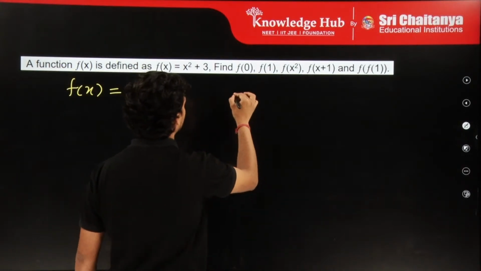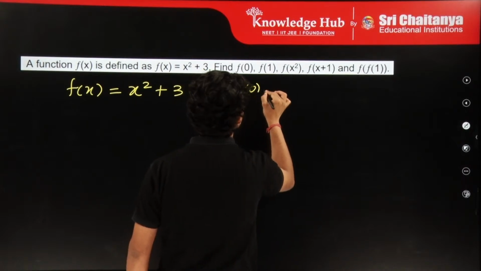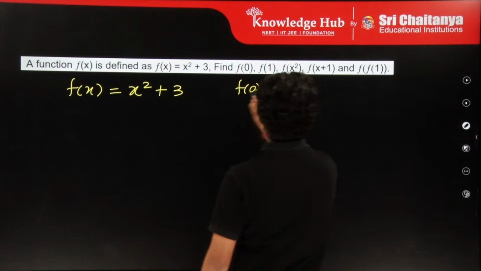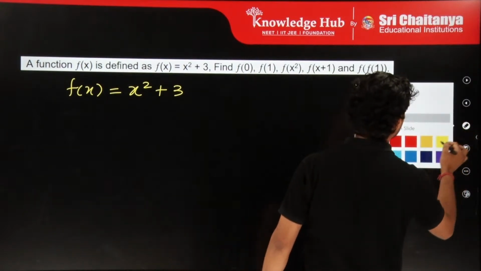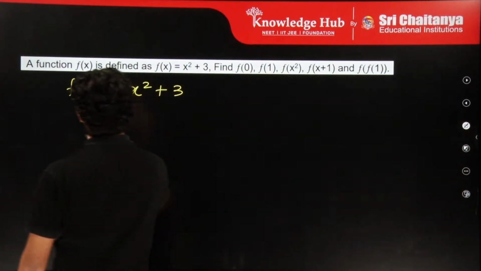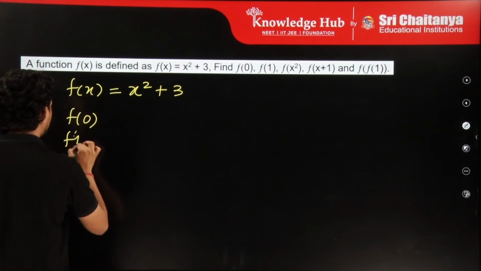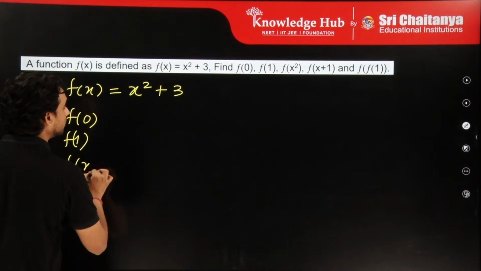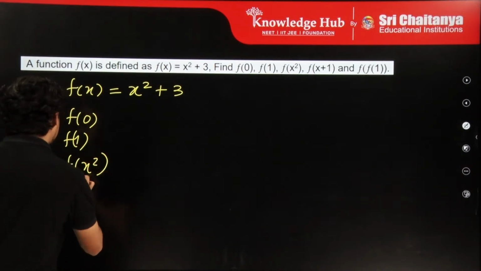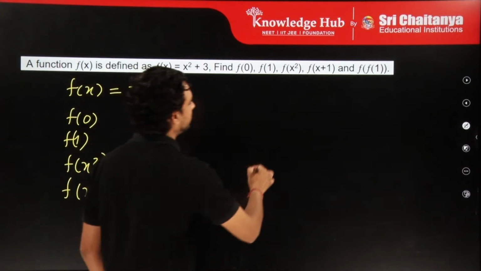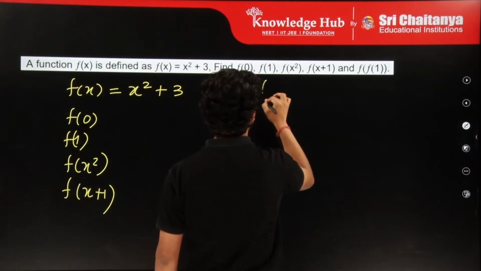So he wants to find f of 0, f of 1, f of x square, f of x plus 1, and finally f of 1.